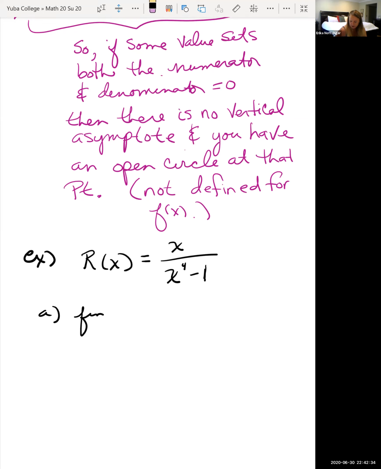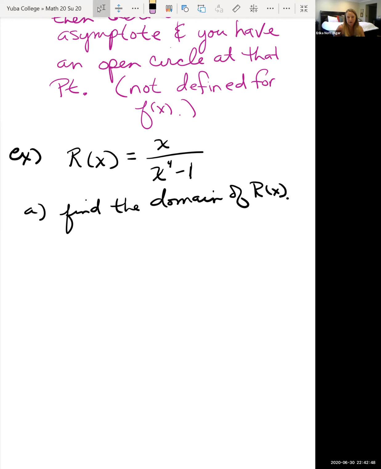If it says find the domain of r of x, again, for domain we're looking at problem spots: real numbers that we can plug in and would not get back a real number, or it's undefined. So we're going to have problems when our denominator is equal to 0. x to the 4th minus 1 cannot equal 0.